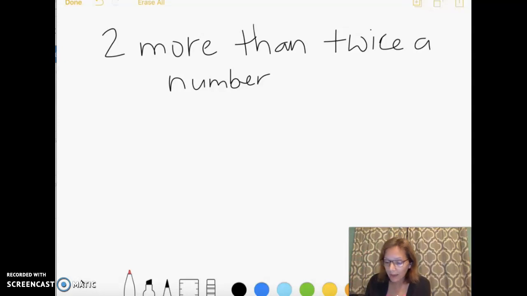When I see that, that has to go at the end of my expression. So I'm going to write it over there at the end. 2 more than twice a number. Twice a number sounds like 2 times a number, or 2x.